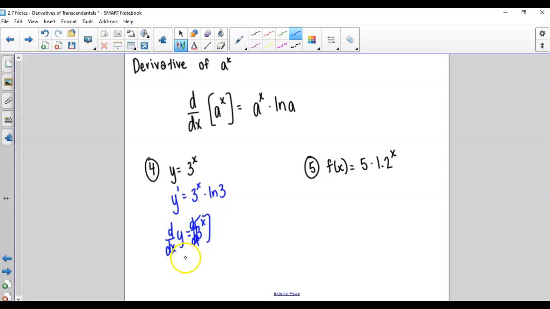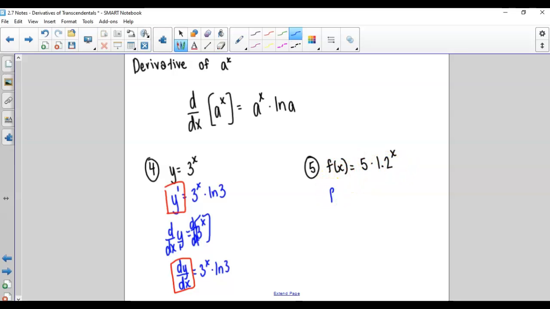And so another way that we write this sometimes, if you think about this being over 1, that's not exactly mathematically correct, but it helps me remember how to write this. dy over dx would also equal 3 to the x times natural log of 3. So you can use either one of these types of notation whenever you're taking the derivative and you've got that y there. Let's look at the next problem.